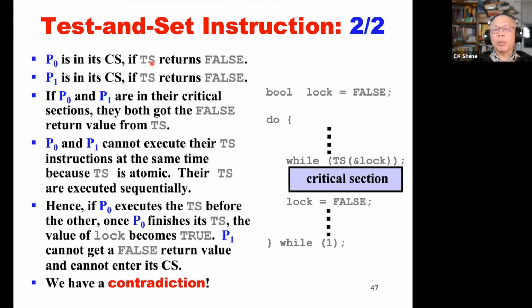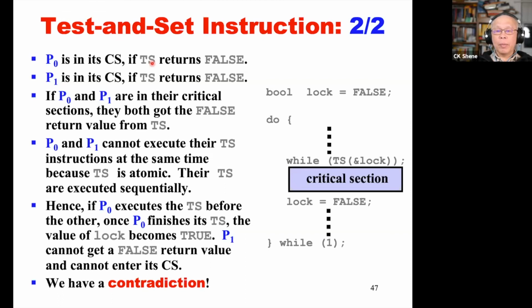And you can repeat it many times. Suppose P0, P1, P2, P3 to Pn are all in the critical section. But P0, P1, P2, P3 to Pn must execute the TS instruction in a sequential way. Only one can execute TS at any time. Therefore, only one can enter.